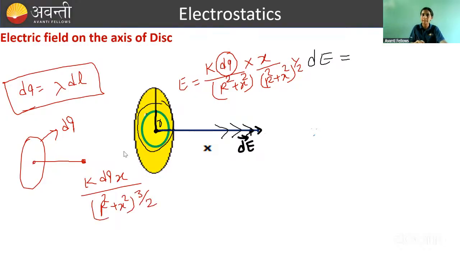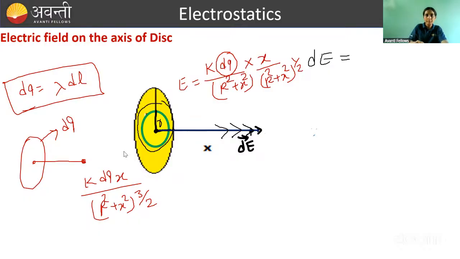This is what we can write. There we solved the formula completely, put dq as lambda dl, integrated, and got the complete result. But for a small ring, we can write it like this: in terms of charge, k dq x by r square plus x square to the power 3/2.